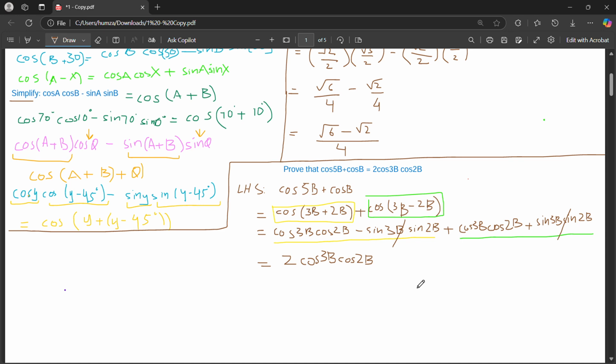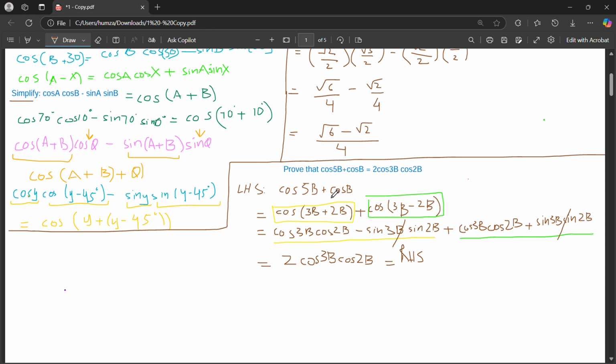So this is equal to your right hand side, and hence we have proved that cos 5b plus cos b is equal to 2 cos 3b cos 2b.